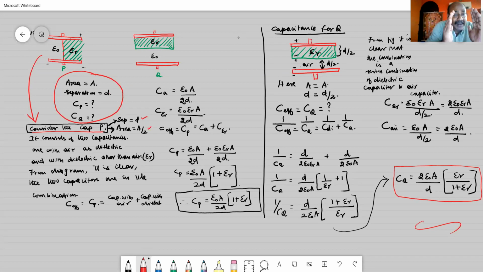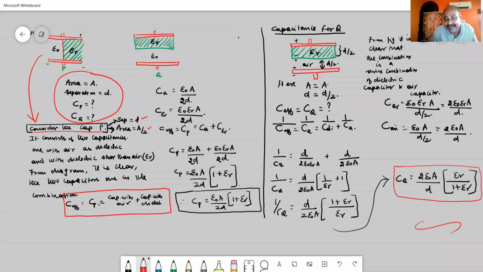If they are in parallel, the effective capacitance, the capacitance of capacitor P, is equal to the sum of the capacitance with the air medium plus the capacitance with the dielectric medium. Since they are in parallel, the effective capacitance is the sum of the two capacitors.